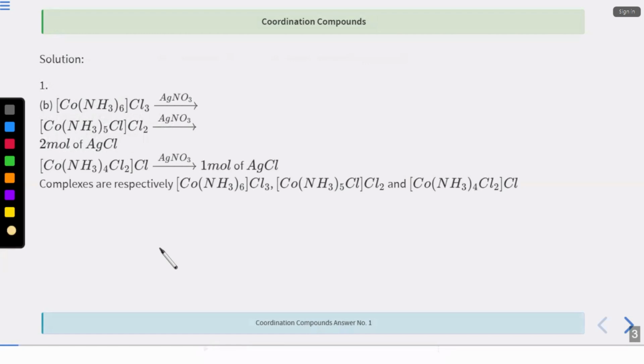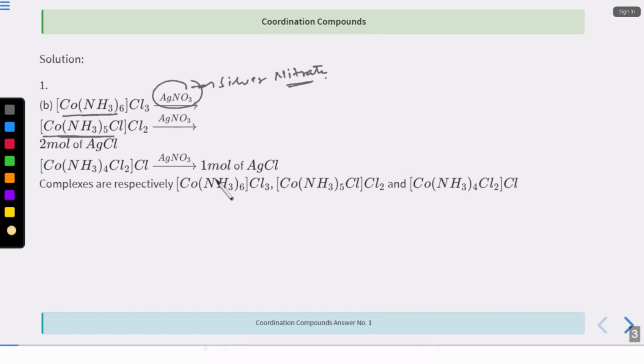So basically, how this is made: when I take this compound Co(NH3)6Cl3 and pass it with AgNO3, silver nitrate, then this gives me this compound.